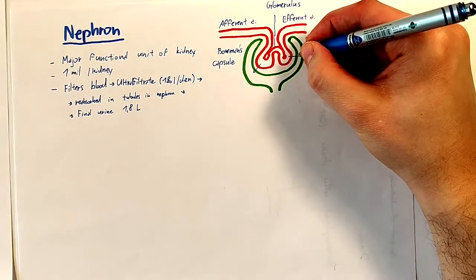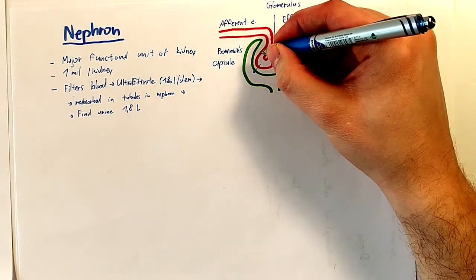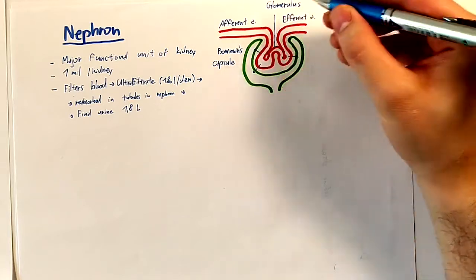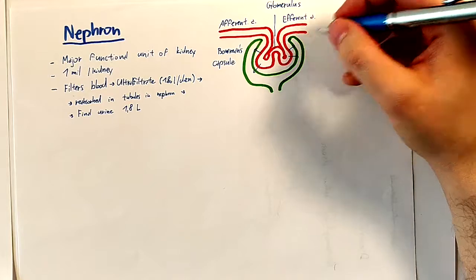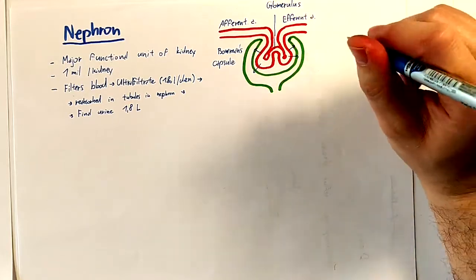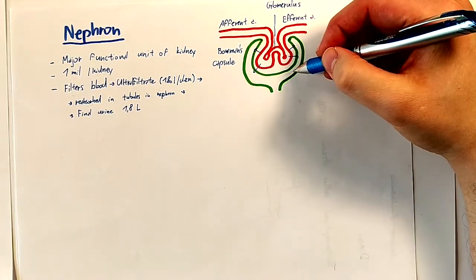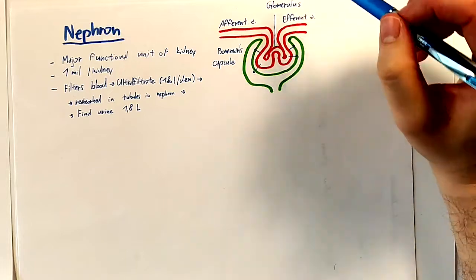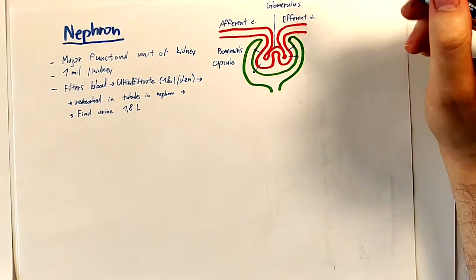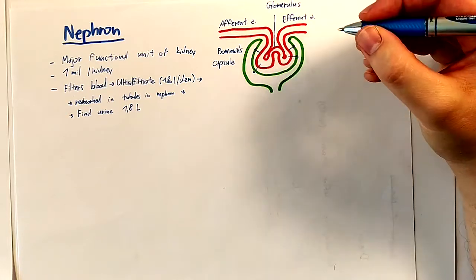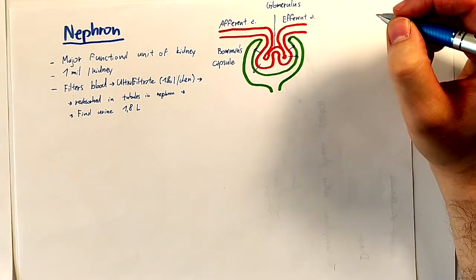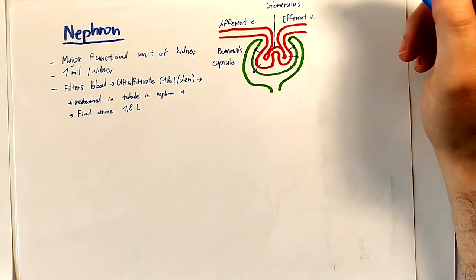But you know that filters can have different size holes. They don't have to filter everything at the same rate. The same thing with the glomerulus. So some things get filtered, some things do not. Most importantly, things that do not get filtered through the glomerulus into the Bowman's capsule are blood cells and plasma proteins.